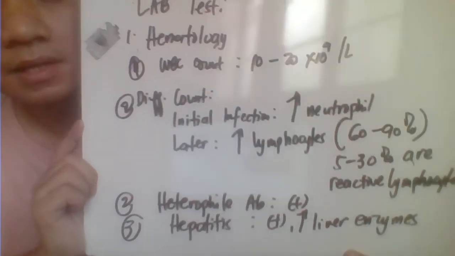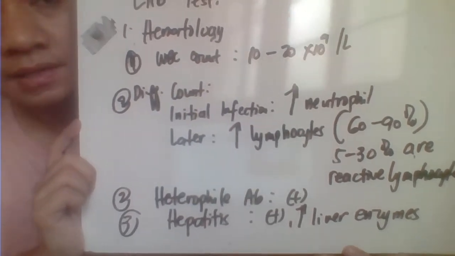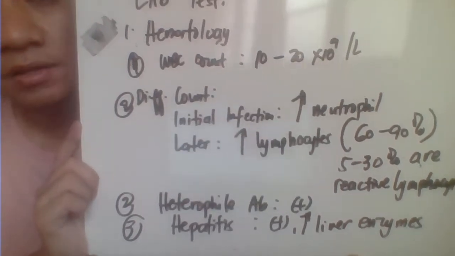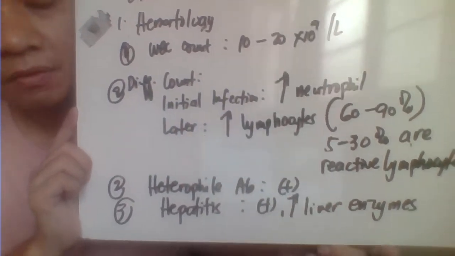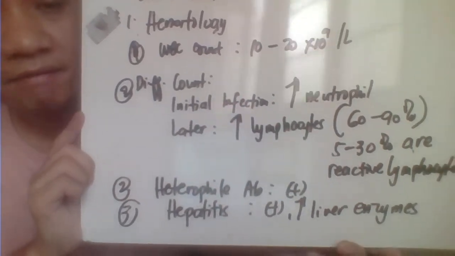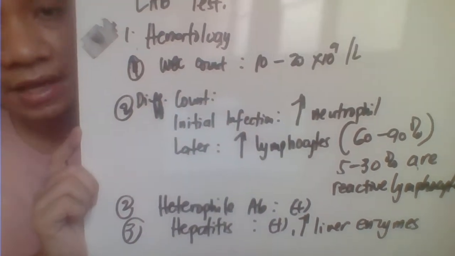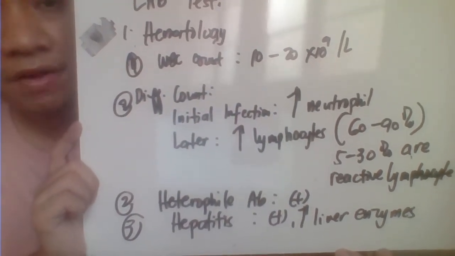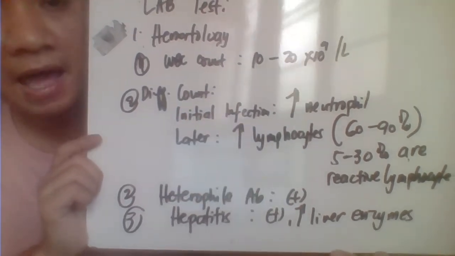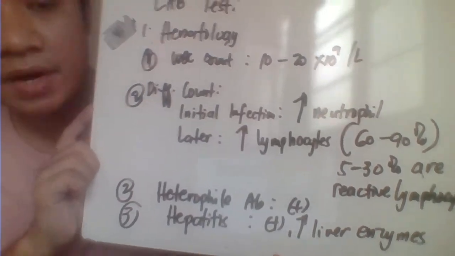But later on, as the disease progresses, it becomes lymphocytosis, where 60 to 90% of the entire differential count is made up of lymphocytes, of which 5 to 30% are reactive lymphocytes. Another test is heterophile antibody positive. Again, this differentiates it from cytomegalovirus, because in cytomegalovirus it's heterophile antibody negative. Then we also have hepatitis manifestation with an increase in liver enzymes.